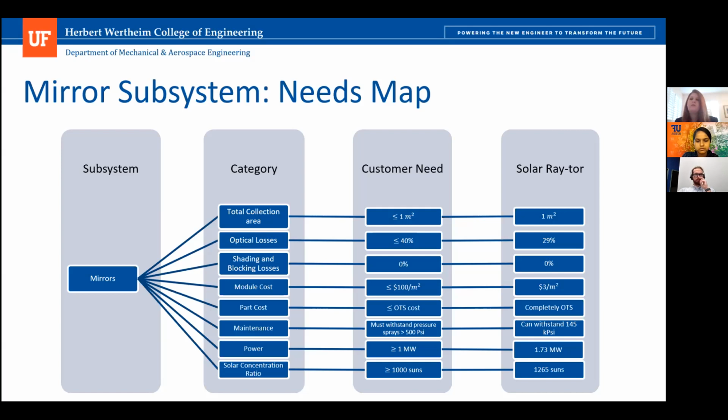The focal thermal power input to the receiver must be at least 1 megawatt. The power generation for our proposed field layout was found to be 1.73 megawatts. Finally, the solar concentration ratio must be at least 1,000 suns. The proposed field layout provides a solar concentration ratio of 1,265 suns. Next slide, please.